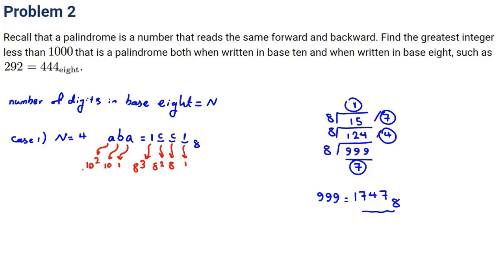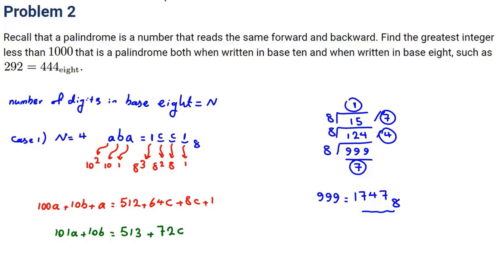So 10 squared is 100: 100a plus 10b plus a equals 8 cubed, which is 512, plus 8 squared, which is 64c, plus 8c plus 1. In the next step, 101a plus 10b equals 513 plus 72c.